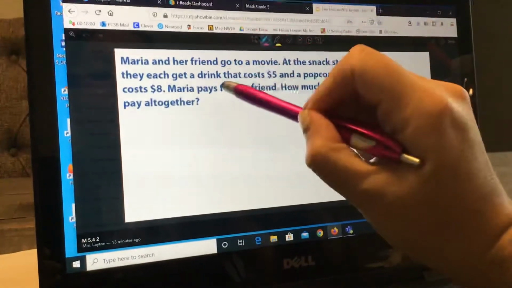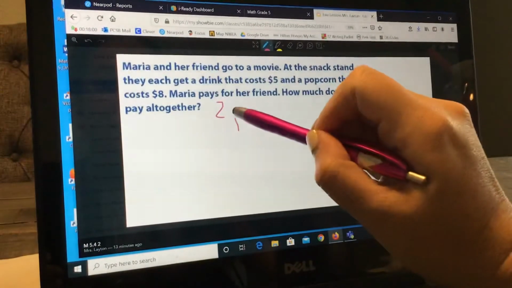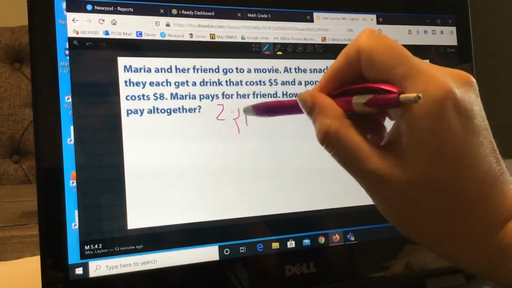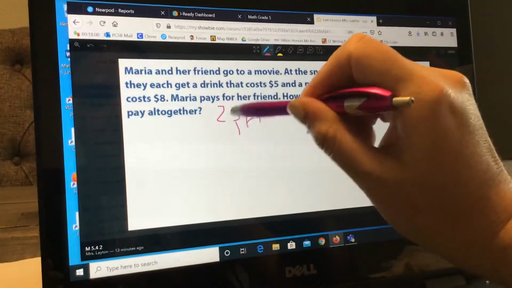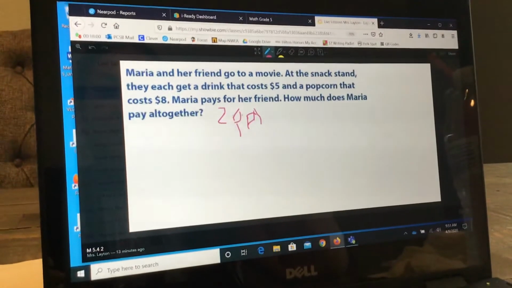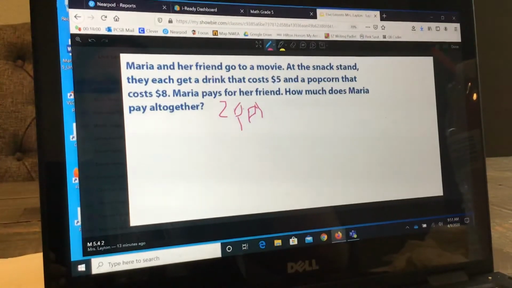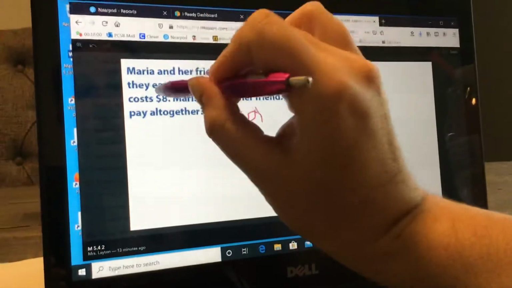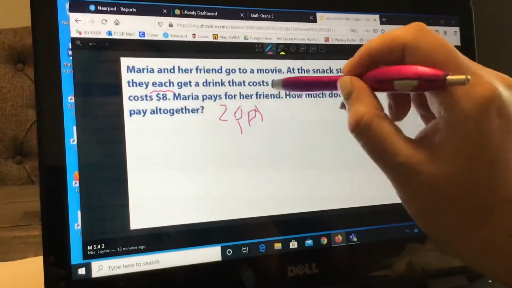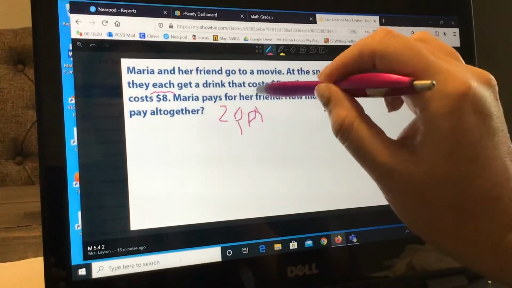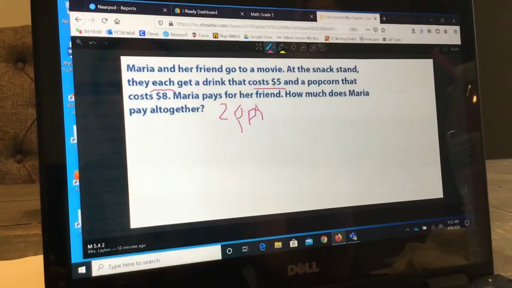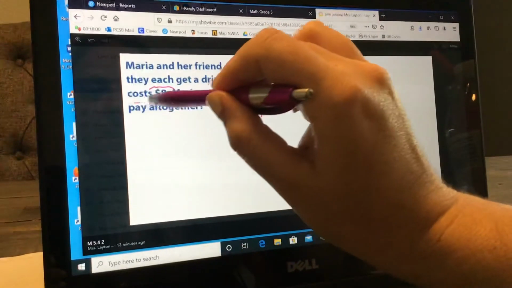Okay? So I might just write down really quickly, 2 people. Okay. There's 2 people going to the movies. What are they doing at the movies? So it looks like they each get a drink that costs $5 and popcorn that costs $8.